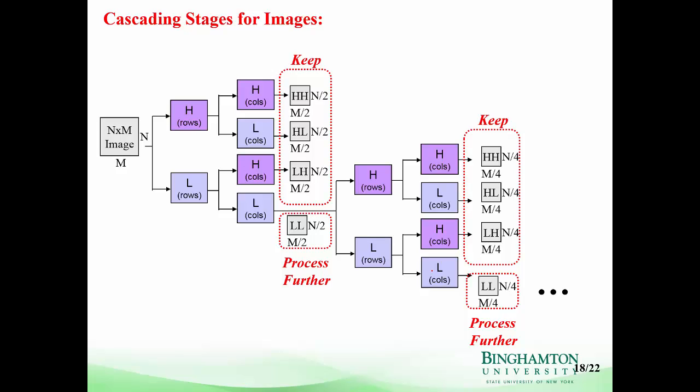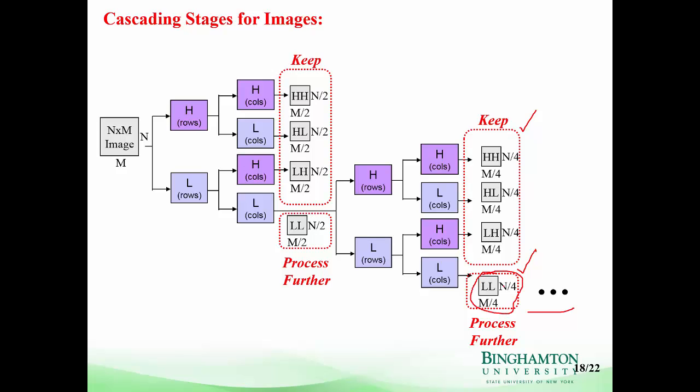It just got too busy to do that. There's my next stage. The top 3 parts that come out, I keep. The bottom one, I process further. Or I stop. So again, just like before, I can stop at any time, or I can go as far down as I can go until I end up with effectively something like 1 by 1 pixel.